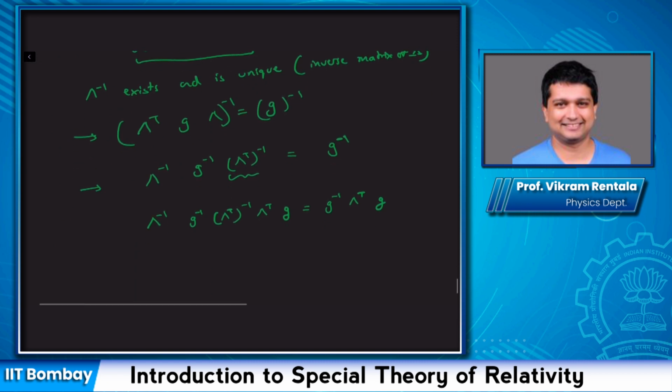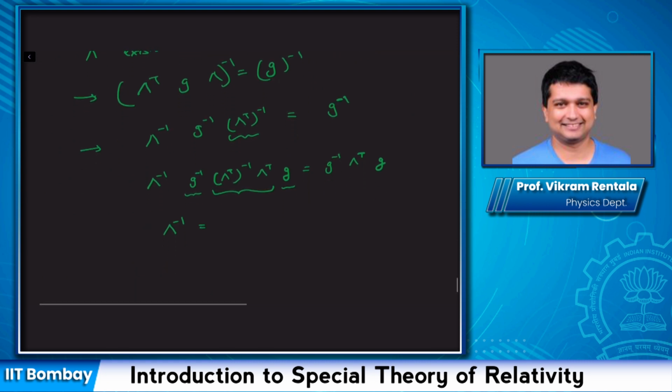Okay, and now lambda transpose inverse times lambda transpose is just the identity matrix, and then G inverse times identity times G would just be again the identity matrix. And so the left hand side would just be lambda inverse, and the right hand side would be G inverse lambda transpose.